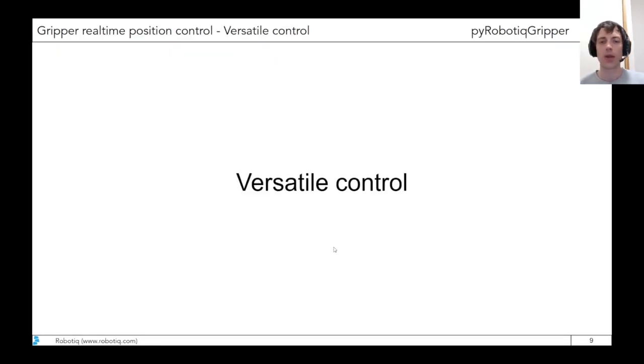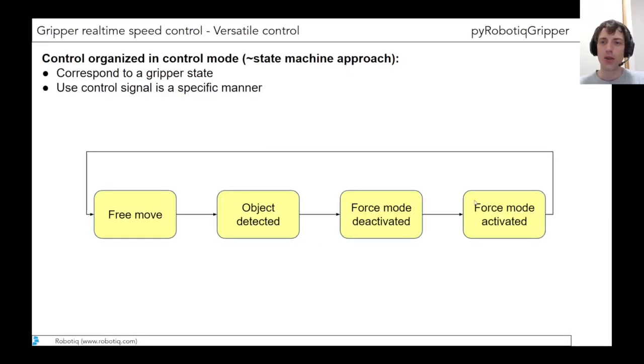So now let's speak about the versatile control. If you have seen the video about the real-time position move function, here it works on really the same approach. The programming of the function is done a little bit like a state machine.